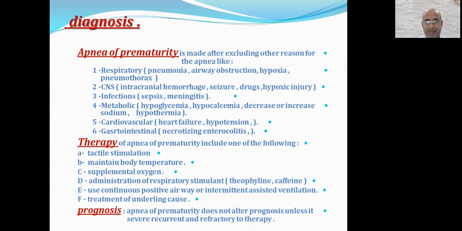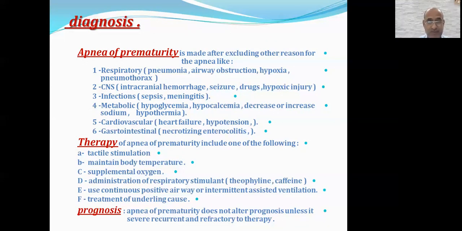Therapy. All the time you should observe the preterm that is admitted to the intensive care unit. So you can start with tactile stimulation, maintain body temperature, add oxygen if needed, administration of respiratory stimulant, theophylline or caffeine. This is so important in recurrent apnea, of course.